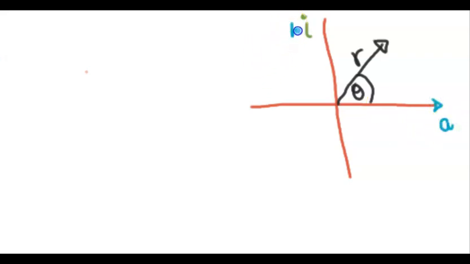Okay. To find this one, the imaginary axis, we do the SOHCAHTOA. So that is going to be R sine theta. That will give you the value for the B. So the B is equal to R sine theta.